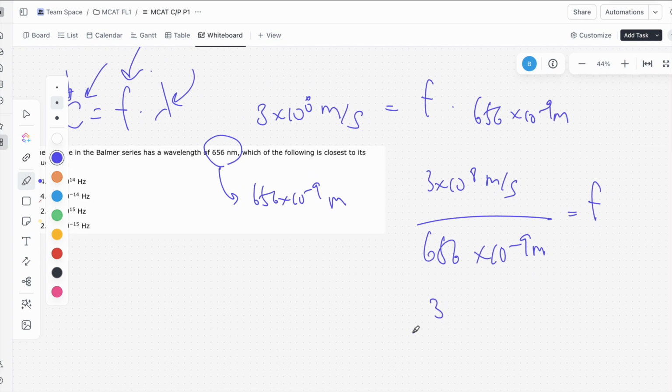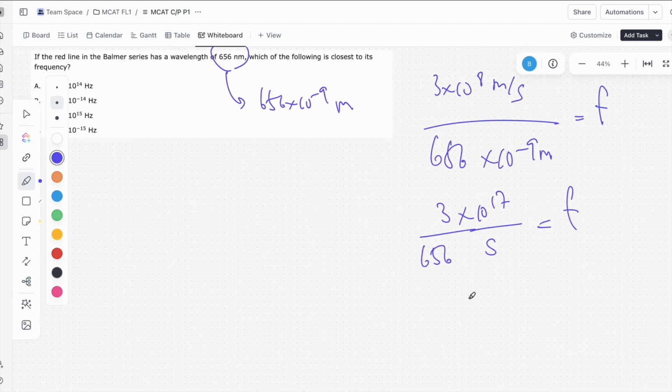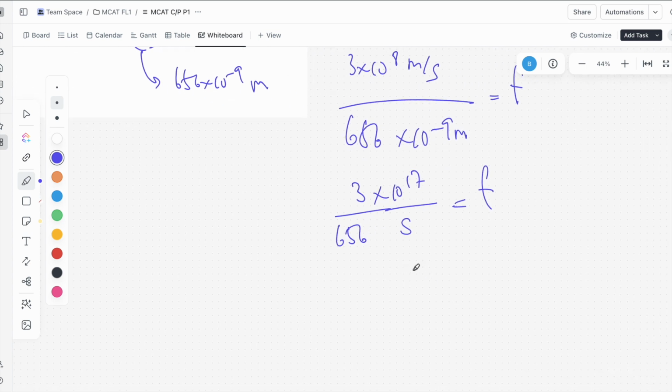That's going to be the same as 3 over 656 times 10 to the 17th seconds, which is equal to the frequency. And this is essentially very similar to 1 over 200, let's say around 220.